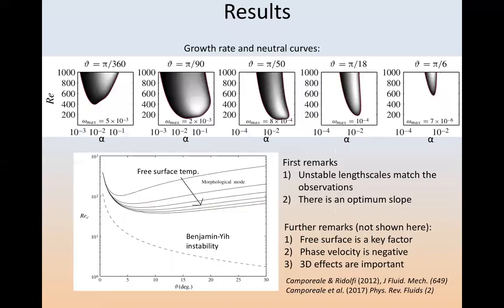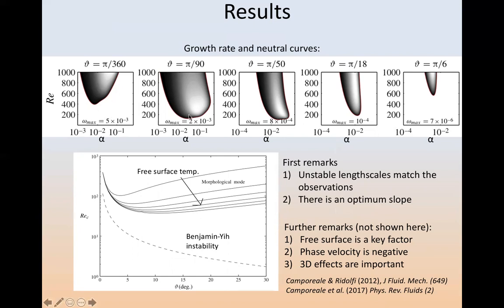And so the results are displaying the neutral stability curve for different values of theta, that is the slope of the glacier. In the plot, we have alpha, the longitudinal wave number, and the Reynolds number. So the Reynolds number is an important parameter also for this kind of instability, that is a morphological instability.